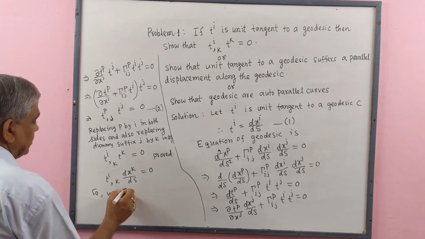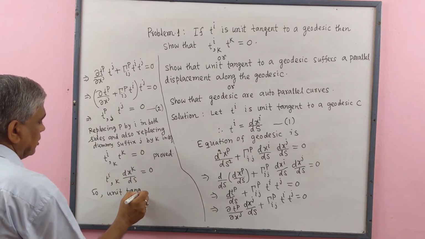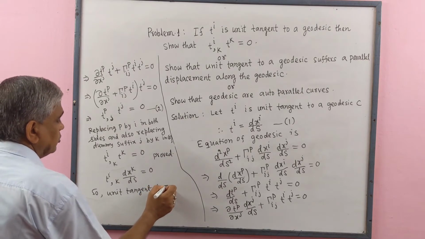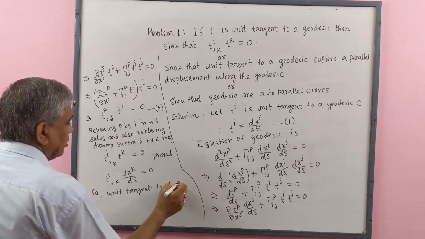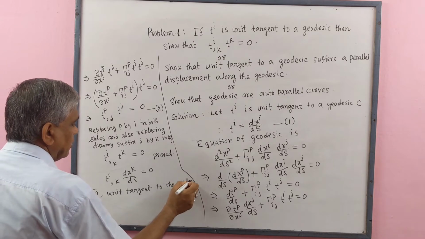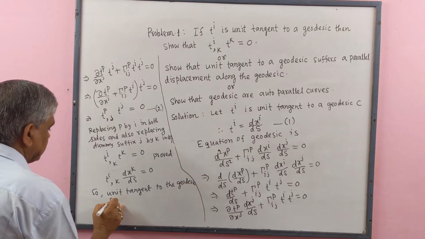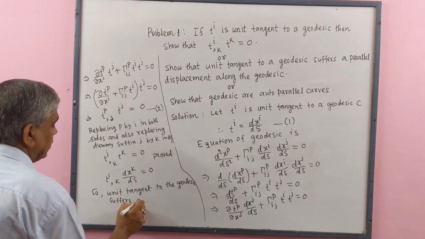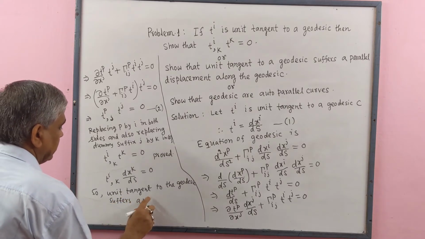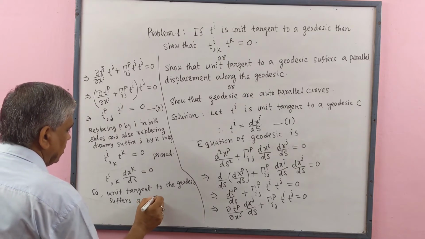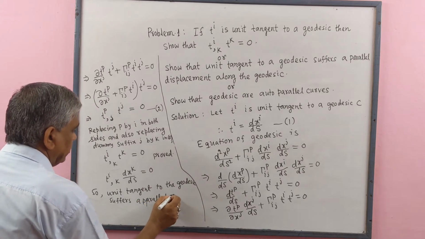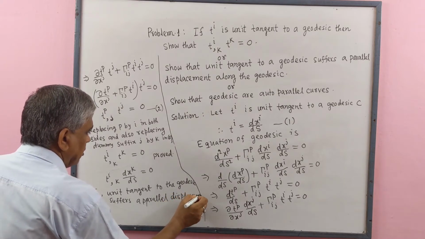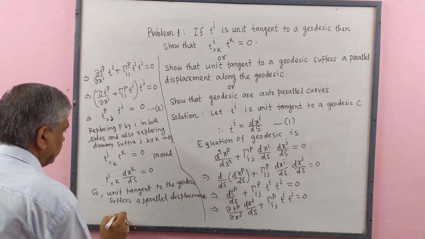The unit tangent to the geodesic suffers a parallel displacement along the geodesic.